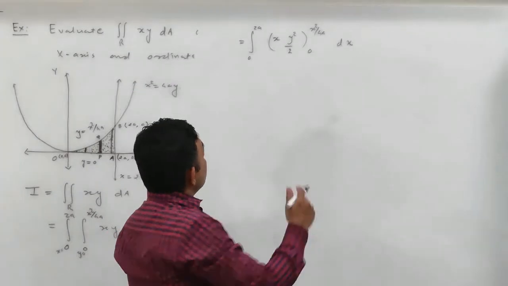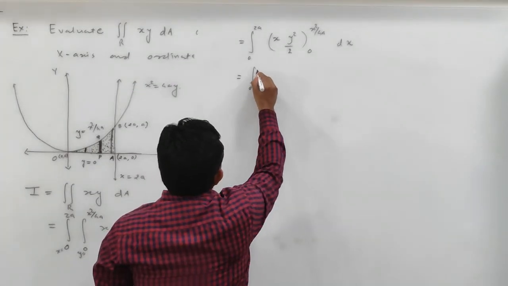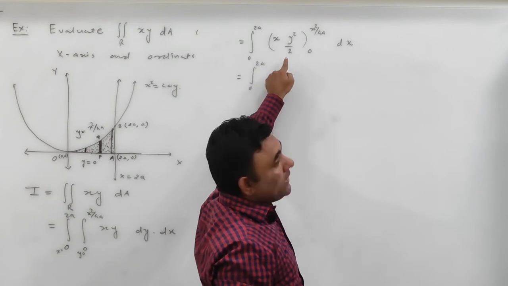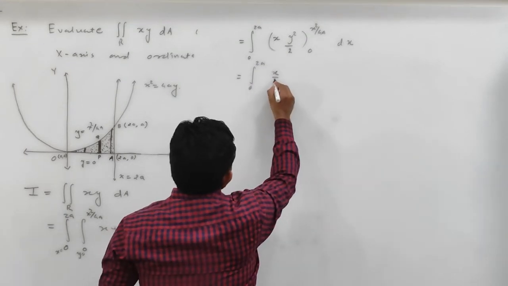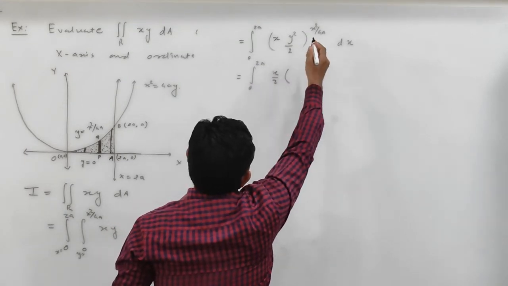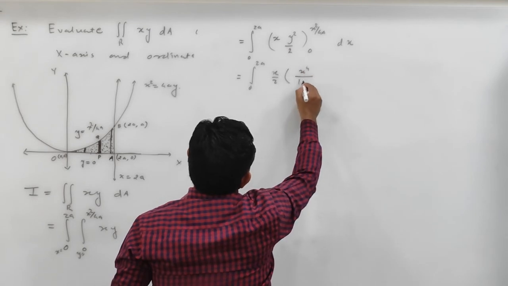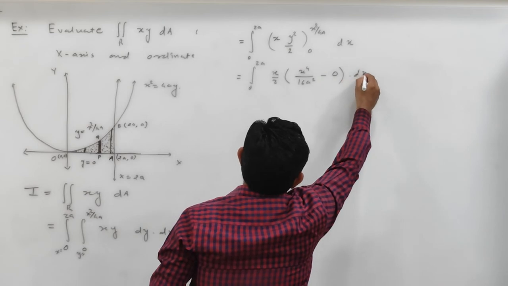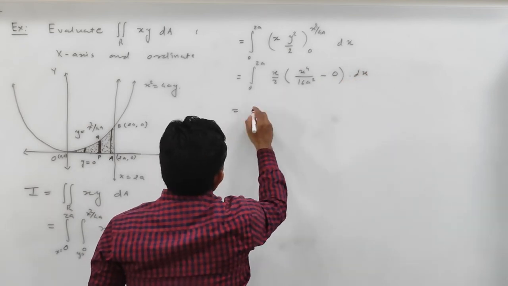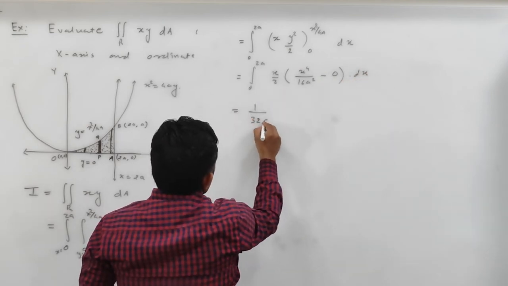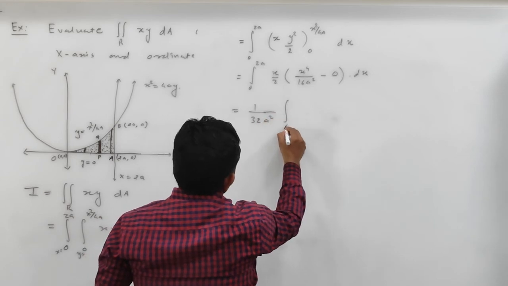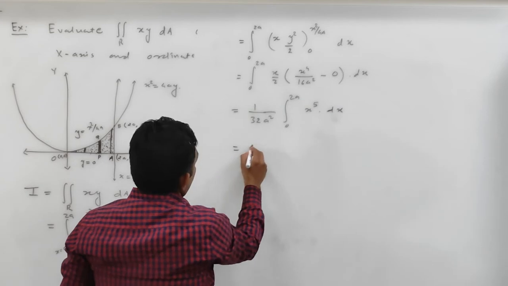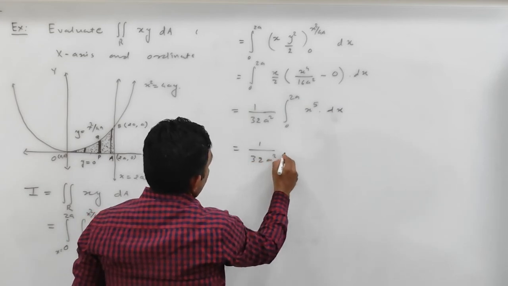Now simply substitute the limits. We substitute instead of y only, not for x. So x by 2 will be as it is, and y square means x raised to 4 by 16a square, and for y is 0 it is 0, into dx. Finally 16 into 2 is 32, a square is constant, take it outside, 0 to 2a, it will be x raised to 5 dx, so 1 by 32a square.